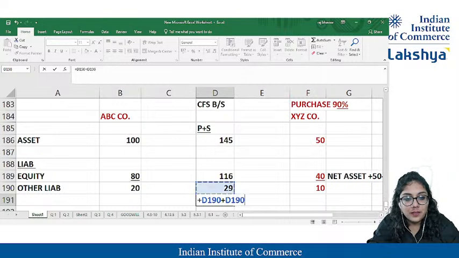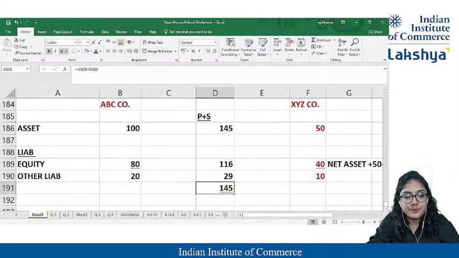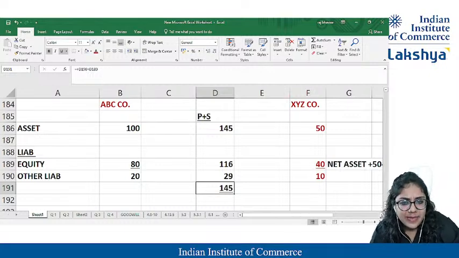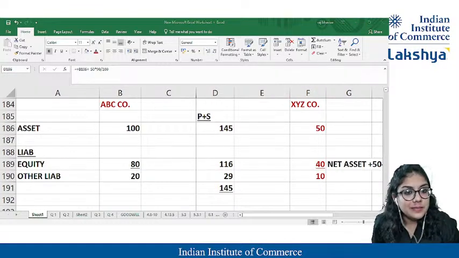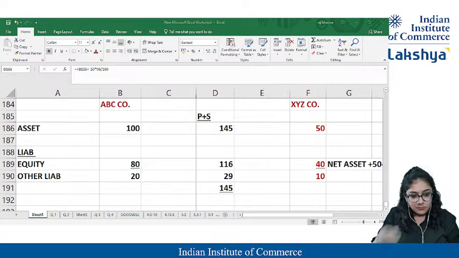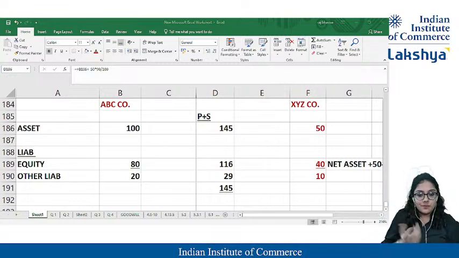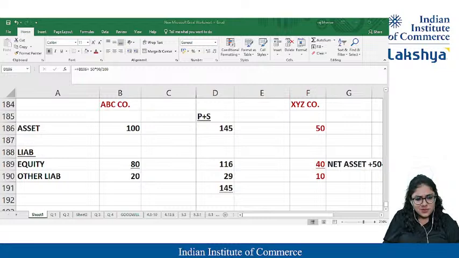So 145 and 145. Do you really think it is 145, 145? My assets are 100 here and 50 there, so it should be 150, but you wrote only 145. Do you really think you have made it correct? Think.